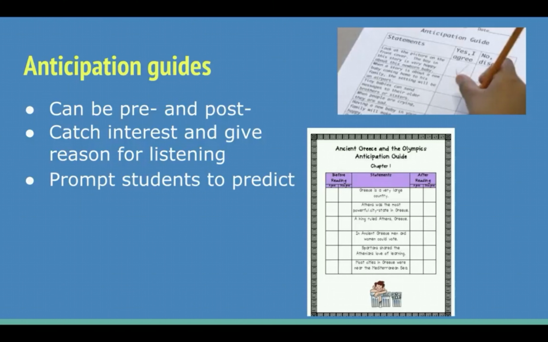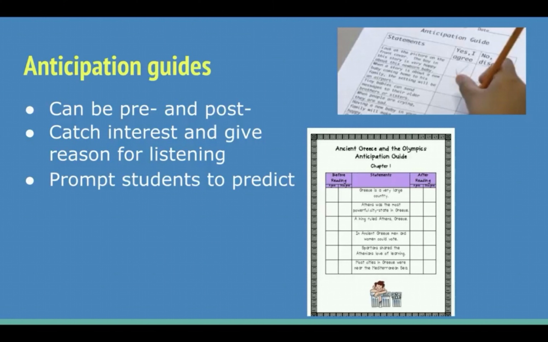Another cool tool is anticipation guides, and these are quite useful for students who struggle with anxiety, for students who really like to have a schedule and know what's going on. So you can not only help students to be prepared, but you can have pre and post guides that catch their interest, and then it gives them a reason for listening.